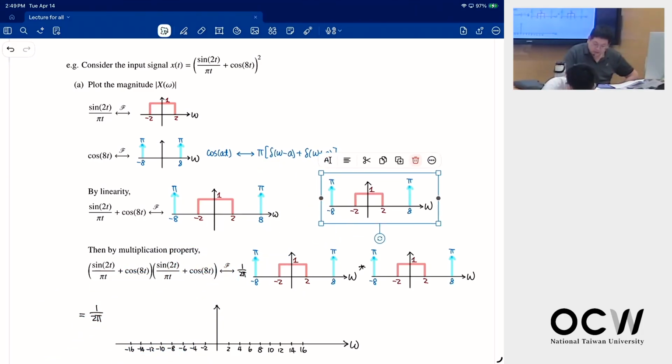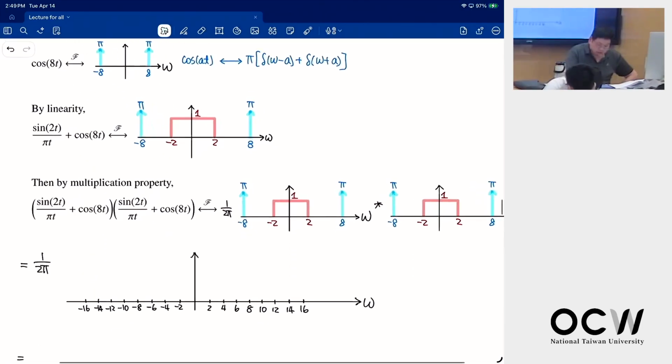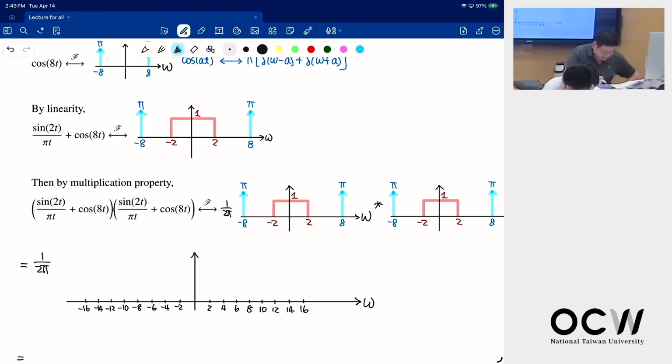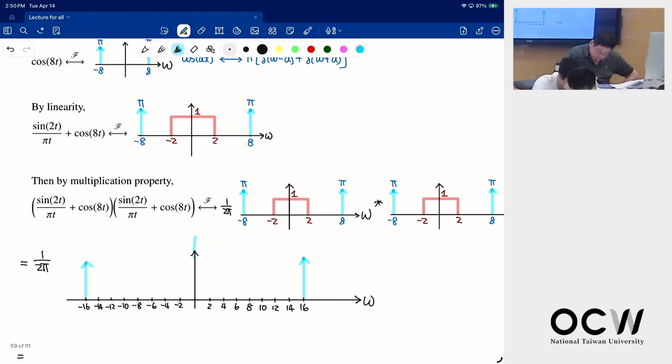Okay, so here you should have at -16, I have pi square. Here's pi square. Also 16, I have a pi square. And at 0, I have 2 pi square. So this is pi square, 2 pi square, and pi square.